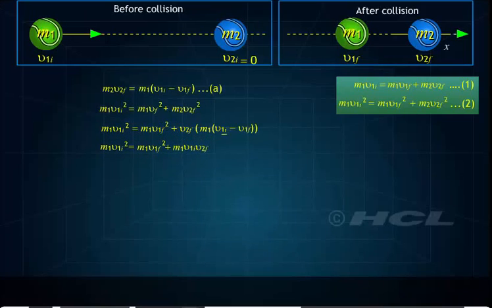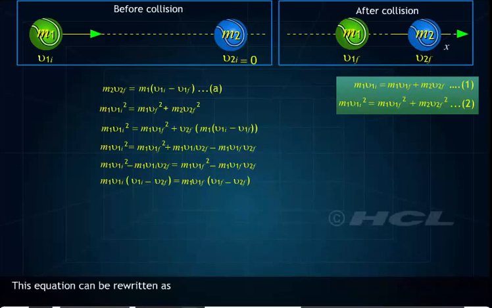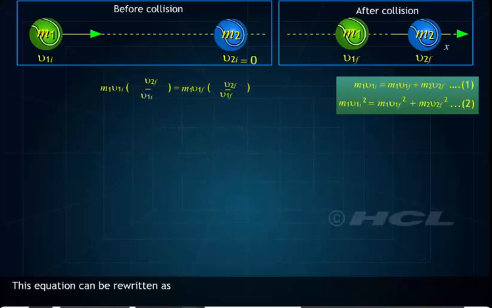Expanding, m1 v1i square equals m1 v1f square plus m1 v1i v2f minus m1 v1f v2f. Rearranging, m1 v1i square minus m1 v1i v2f equals m1 v1f square minus m1 v1f v2f. So m1 v1i into (v1i minus v2f) equals m1 v1f into (v1f minus v2f). This equation can be rewritten as m1 v1i into (v2f minus v1i) equals m1 v1f into (v2f minus v1f).